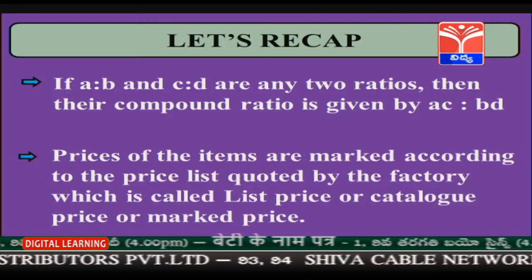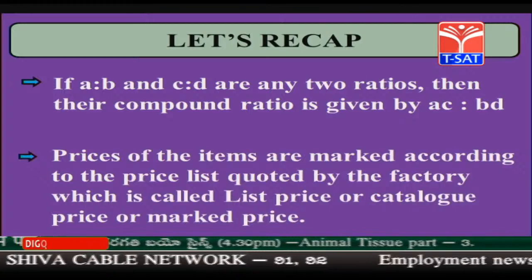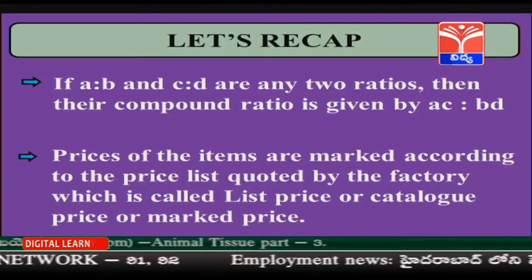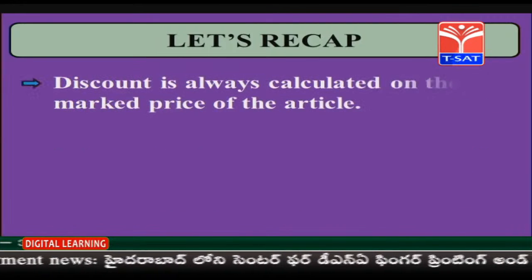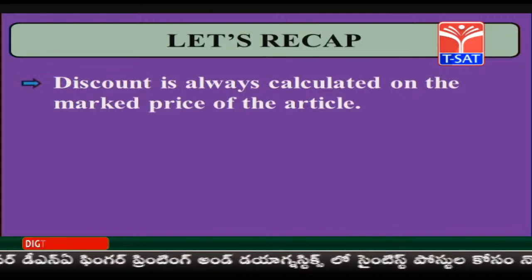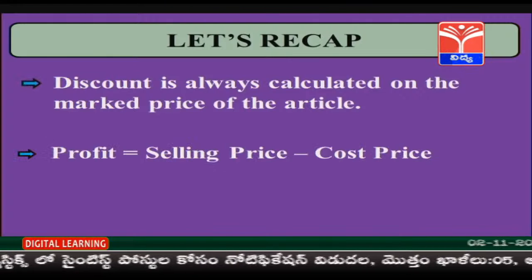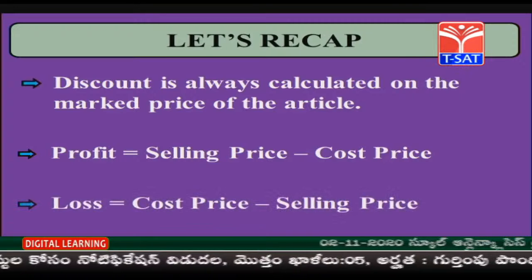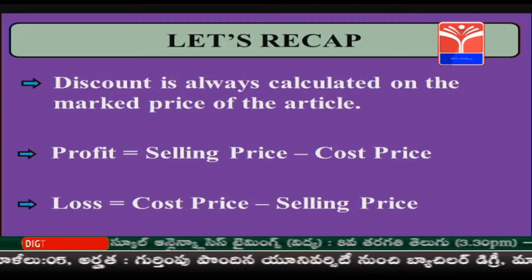Prices of the items are marked according to the price list quoted by the factory, which is called list price or catalog price or mark price. Discount is always calculated on the mark price of the article. Profit is equal to selling price minus cost price, whereas loss is equal to cost price minus selling price.